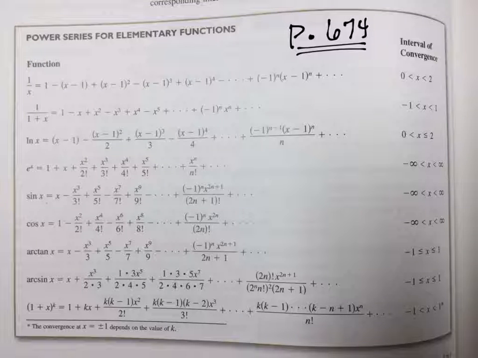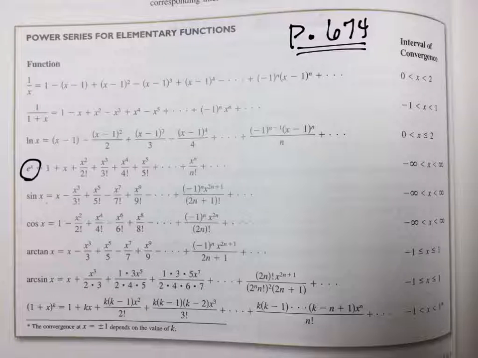So we used the function e to the 2x, excuse me, right? And you'll see right here there is an e to the x in this table. And we can actually use that expression all expanded out from the table, as well as the way we just did it before. It's another method for doing this particular function.